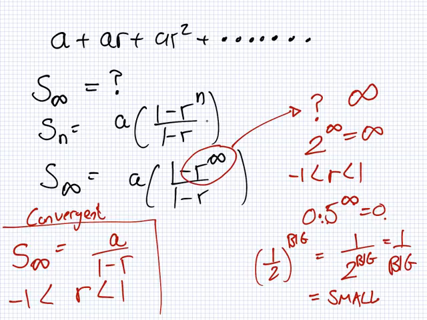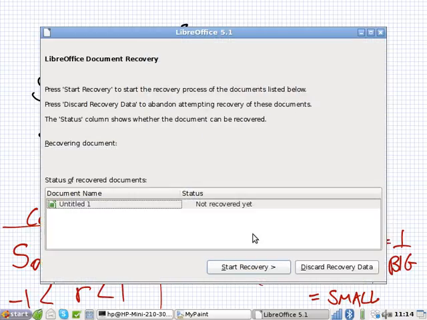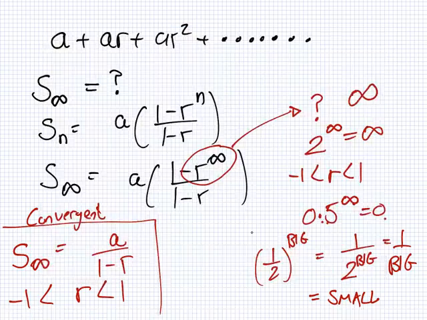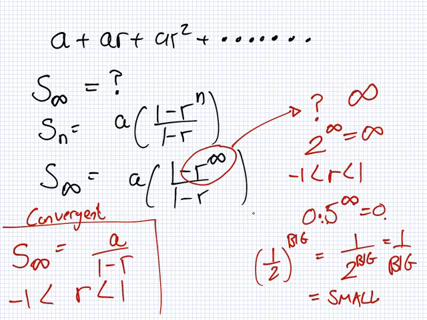I'm deliberately not being clear here. When I write big, I just mean 2 to a big power, a big number. Let me just discard that. Okay. Do we have this?